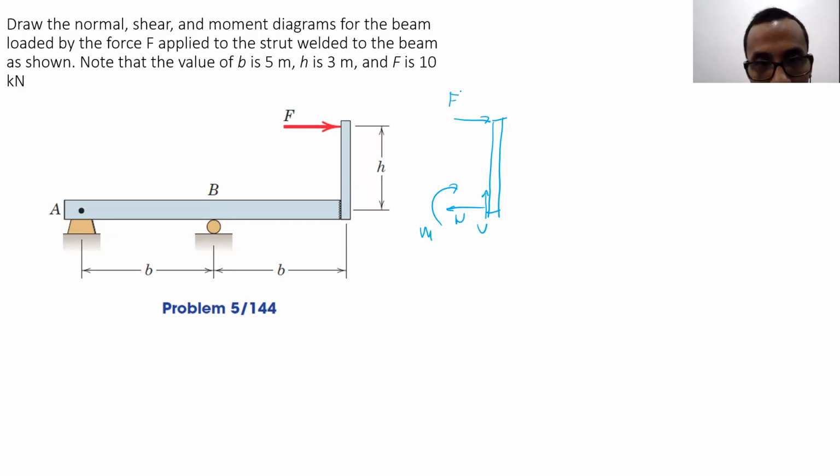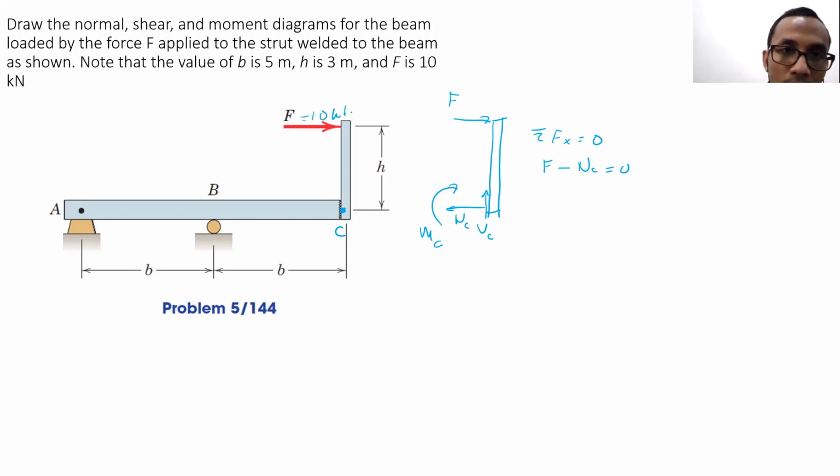Actually it's not M and V, it's MC, NC, and VC, because we name it here as C, to become our external force at C. So using sigma Fx equal to 0, what we will have there is F minus NC equal to 0, where F here is 10 kilonewton.